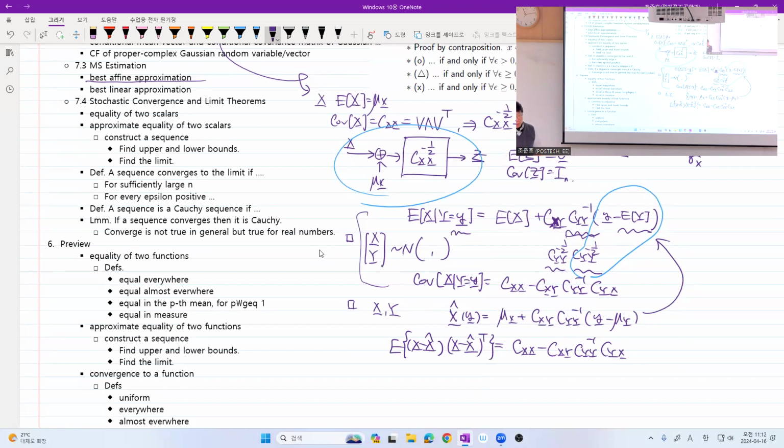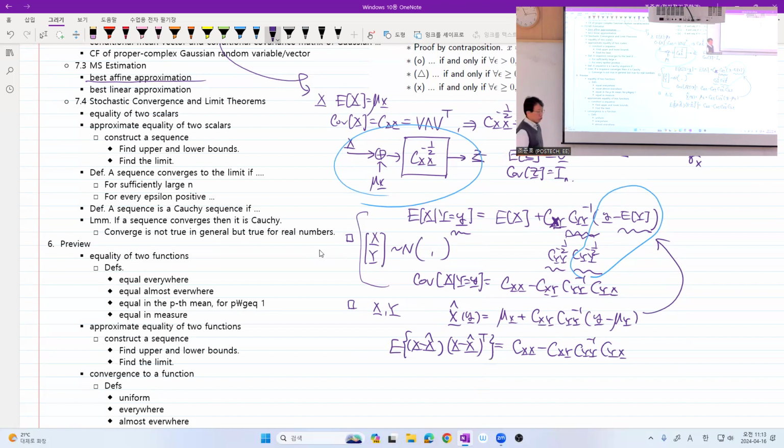The final topic of the last meeting was the beginning of chapter 4, section 7.4, stochastic convergence and limit theorems. In order to warm up, I gave you some preliminary analysis material. First, we started with the equality of two scalars, and then we learned how to mathematically say two scalars are approximately equal.